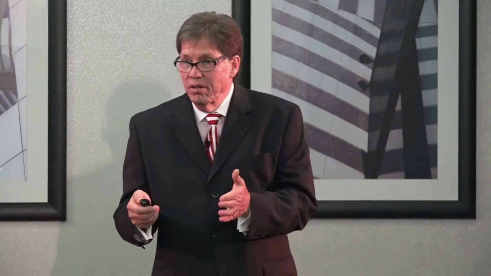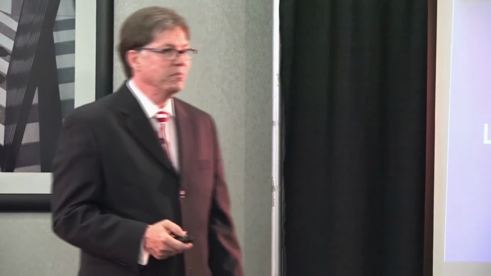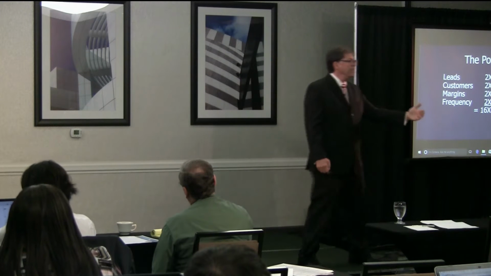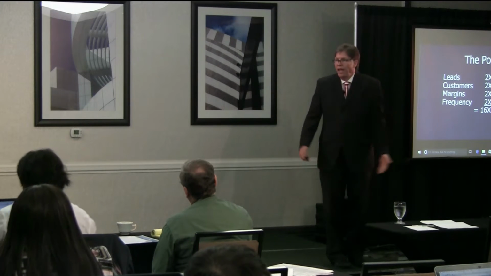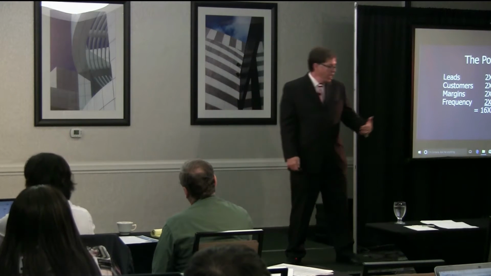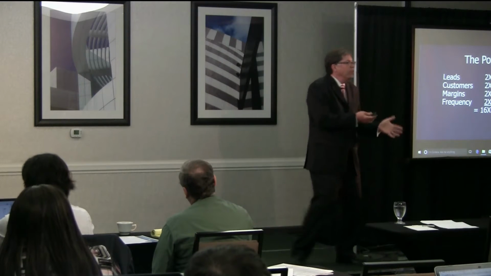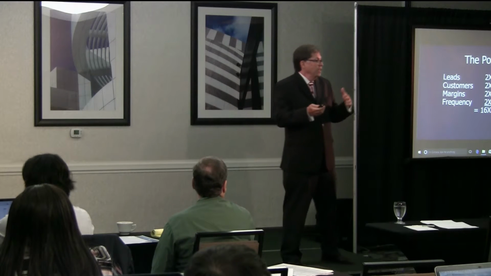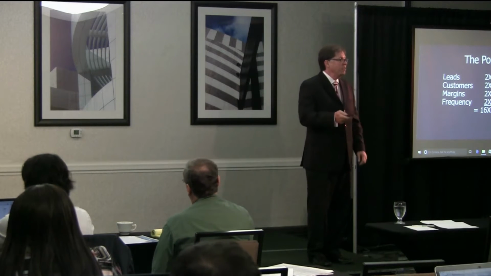If I can show you a way to double your leads, you're going to get customers. Then you got margins, and then you got frequency, equals growth potential. Okay? So what we want to do is, if I can help you increase your leads by 2 times, I can double your business, right? If we can help you get those leads to convert into customers twice as much, increase your conversions, we can now double that again.